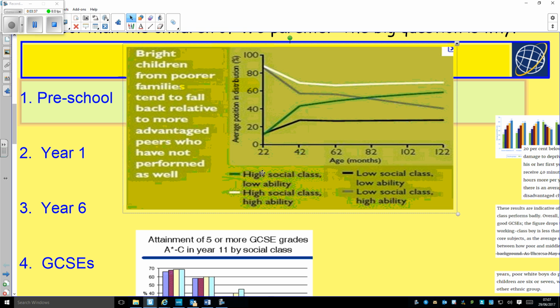These kids are not very clever. This grey line, low social class, high ability. These kids, their parents are poor, but they are clever. So the green line, rich, stupid. The grey line, clever, poor. Big gap, 22 months. By the time they've left primary school, the stupid, rich kids have overtaken the clever, poor kids.